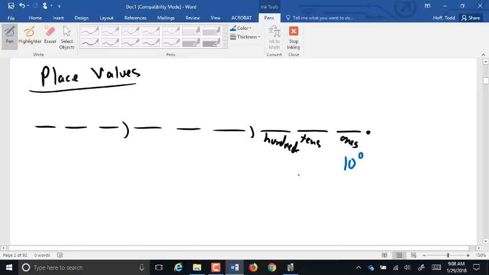Well, 10 to the power of 0 is 1. 10 to the power of 1 is 10. 10 squared is the hundreds. 10 to the third is 1,000. 10 to the fourth is the 10,000s. 10 to the fifth is the 100,000s. 10 to the sixth is the millions, and so on. Those are our place values.